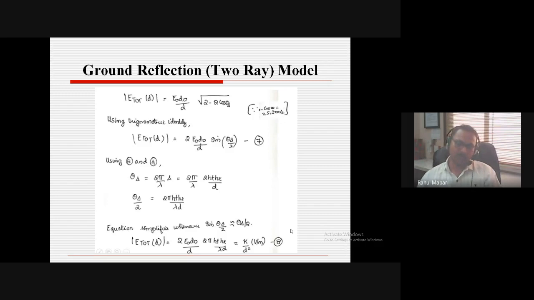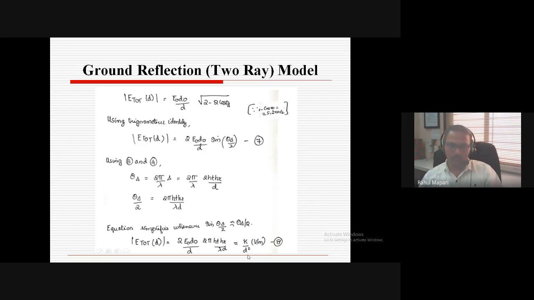Got it or not? Yes. Here you can see the total electric field is inversely proportional to the distance. As distance increases, electric field decreases, and as distance decreases, electric field increases.